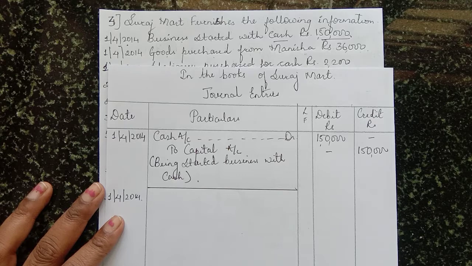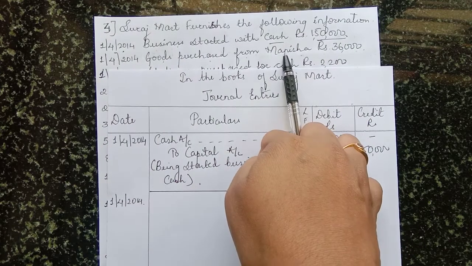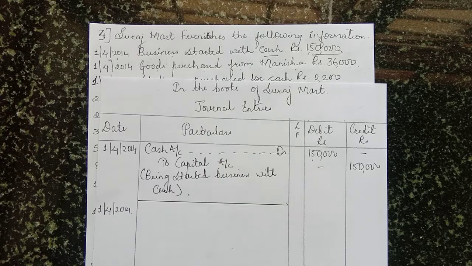When credit purchases are there, the name of the creditor will come. Now goods purchase means which account will come? Purchases account. What I had told as a shortcut: purchases account is always debited, and here Manisha is the creditor. Creditor means credit. Shortcut I am telling.